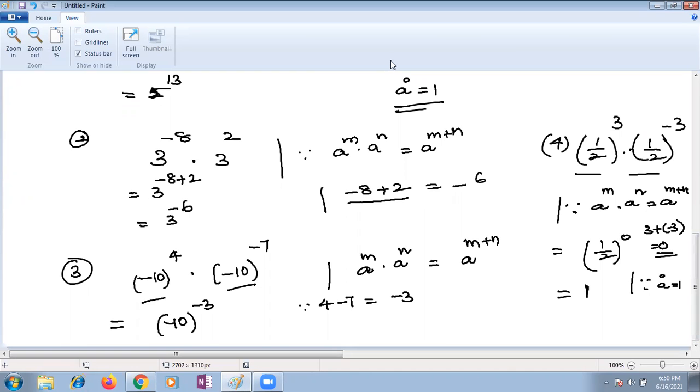Whatever the two cases I'm teaching today, only those I'm giving examples of. If bases are not same, we will go with a different one. There are many laws of exponents, but I'm using only two here, so that if I give them all together you may get confused, children. So I'm giving step by step.